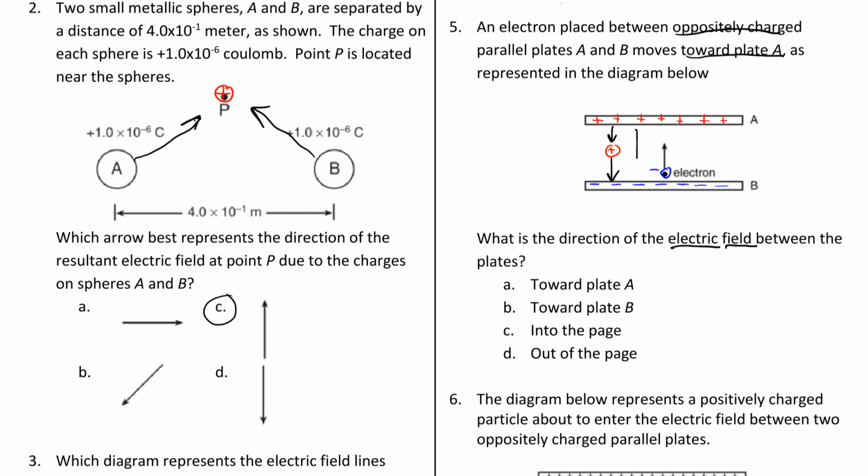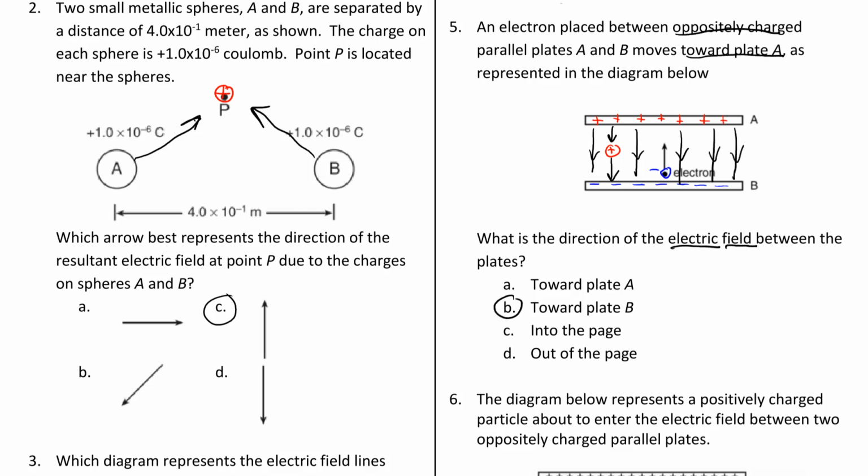So the field itself is actually going down the way it's drawn here into B, which is opposite what the negative electron is feeling, but we would expect that because the field lines by convention are drawn where a positive test charge would go. So that's the explanation for that. They go towards plate B.